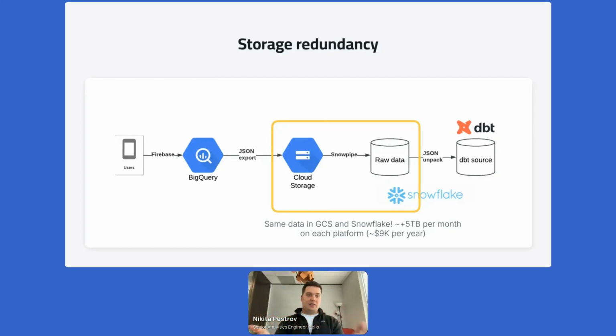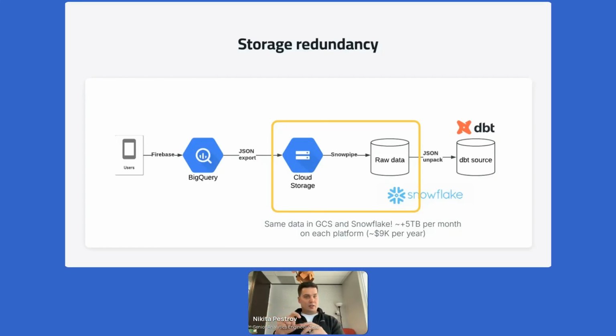But we cannot access it straight away. We need to ingest it to Snowflake through a Snowpipe and create more or less the same representation of the raw data, but in two places, in Cloud Storage and in Snowflake. So that produces twice as much data than is actually needed.